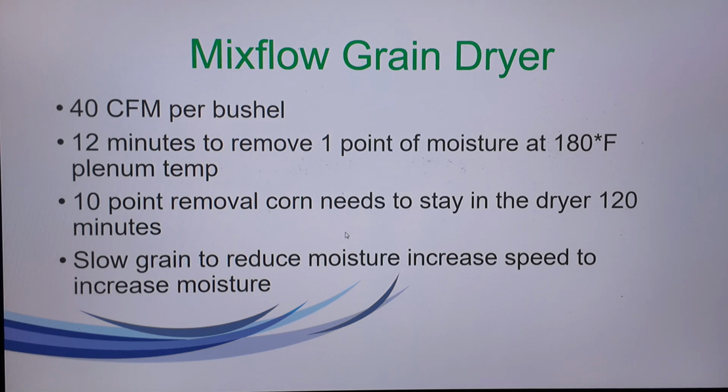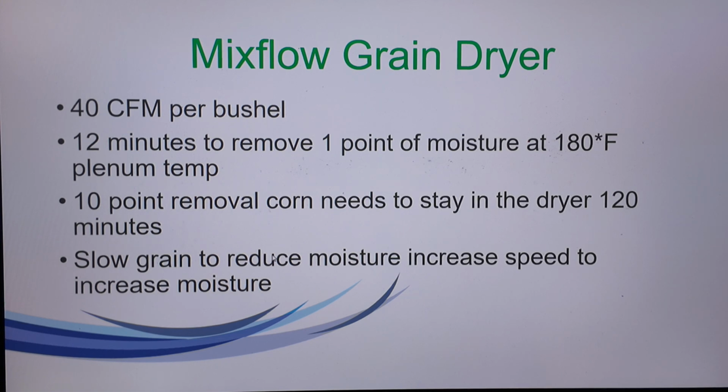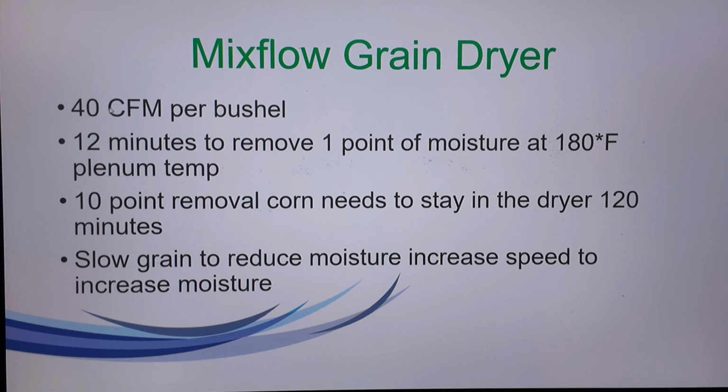Same in a mixed flow dryer. The faster you move that grain through, the less moisture it's going to take out. The slower you move it through, the more moisture it's going to take out. It's all CFMs of airflow, temperature on the plenum, and the points you need to remove for how much time it's going to take.